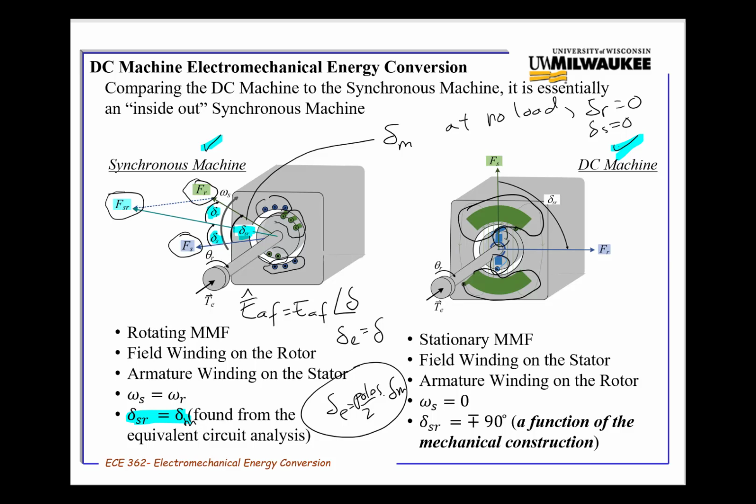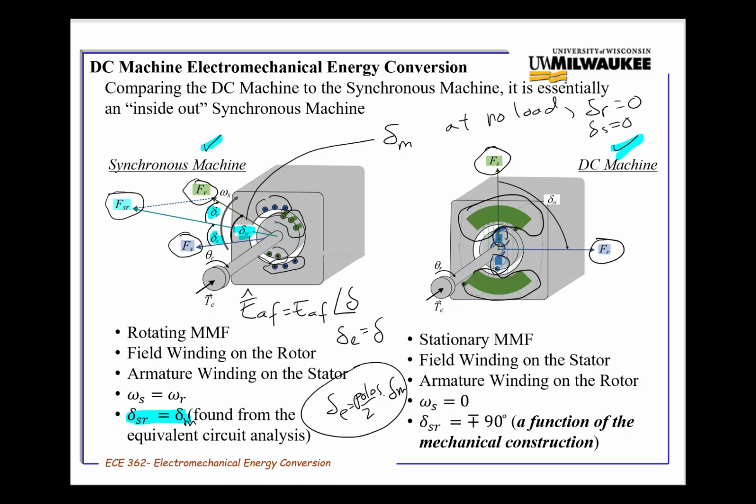Now we have a field MMF here that's blue associated with the rotor, which is the armature. And we have an MMF associated with the field, which is now on the stator. And what has happened here, we have another little thing called the commutator and brushes to get the current onto the rotor.